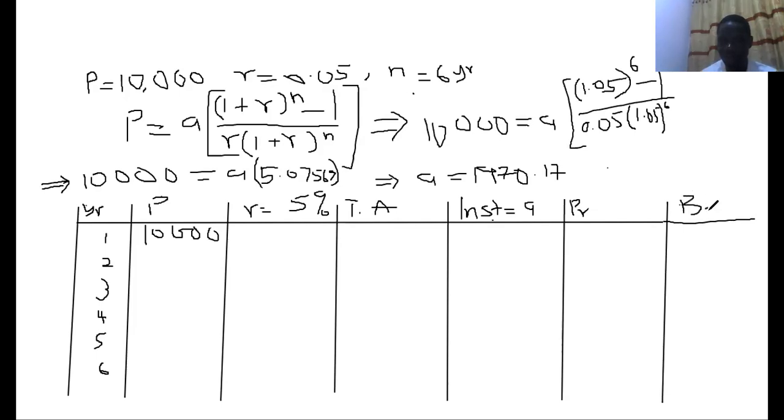So BAL, the balance that you are owing, the outstanding balance. Okay, so in the first year, the principal is 10,000. So when you calculate, it means at the end of the first year, you are to pay 5% of the 10,000 as interest. So that will be 500.